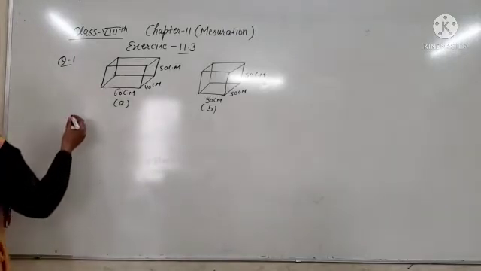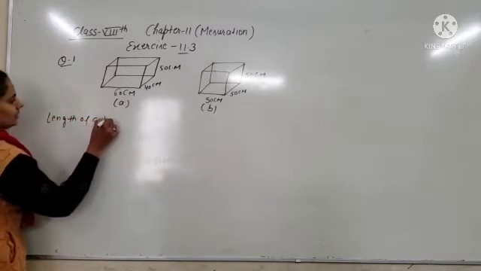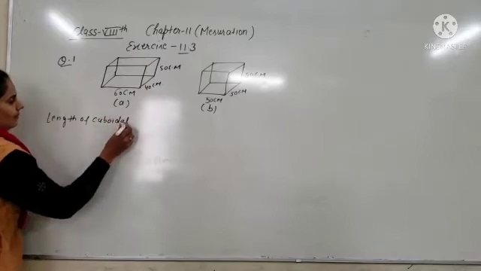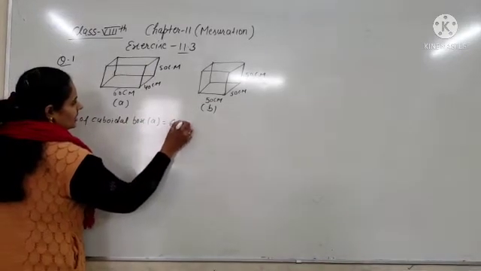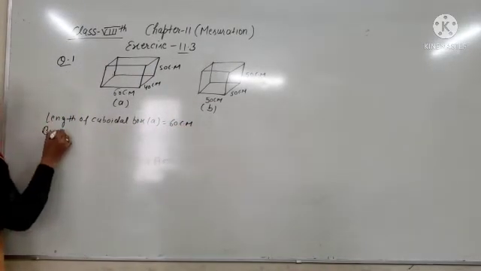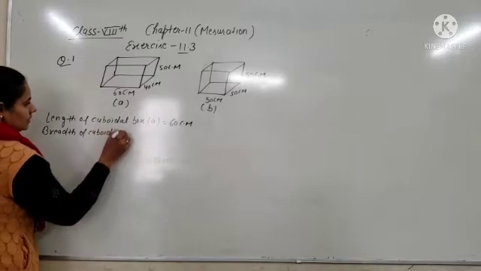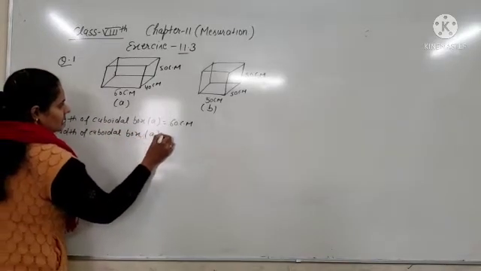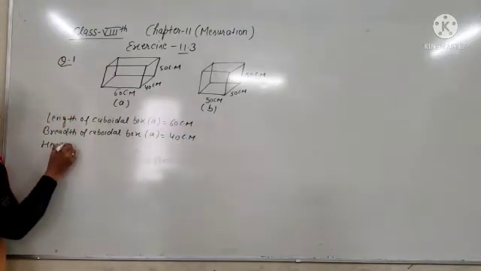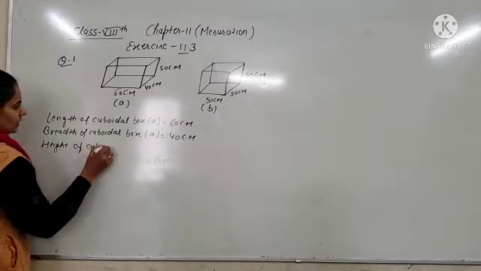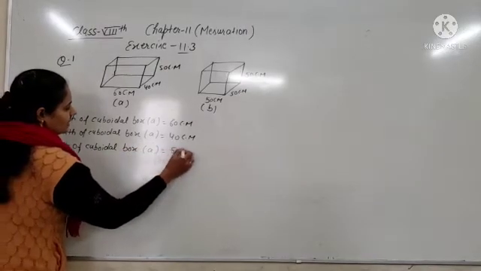So you can see here in cuboidal box A, the length of cuboidal box A is equal to 60 centimeter, the breadth of cuboidal box A is 40 centimeter, and the height of cuboidal box A is 50 centimeter.